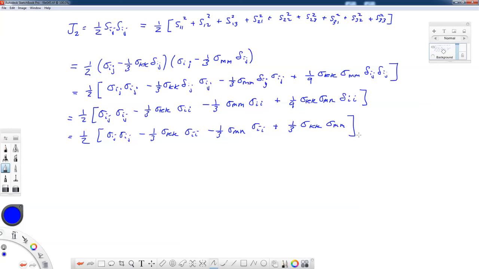And if we look at this, this last term and either one of these two middle terms will annihilate each other. And the last term that I just wrote down is the trace of the stress tensor squared.